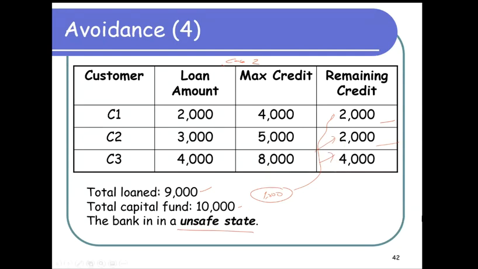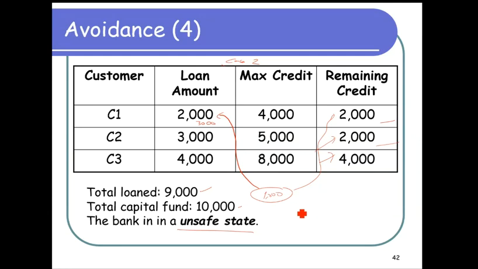Let's say the bank lends 1,000 to anyone, it will be a deadlock. Let's say C1 needs another 1,000, so C1 wants to loan 1,000, and instead of 2,000 it becomes 3,000.